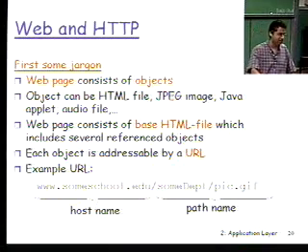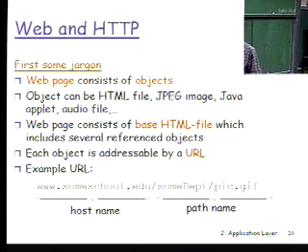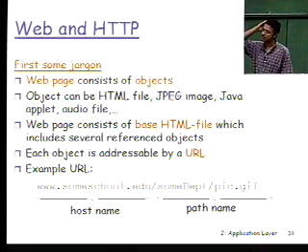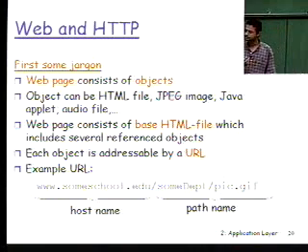Each of those objects is identified by a different URL, and HTTP defines how these URLs or objects are transferred between a server and a client, and we'll see what sorts of performance issues creep in deciding this protocol.